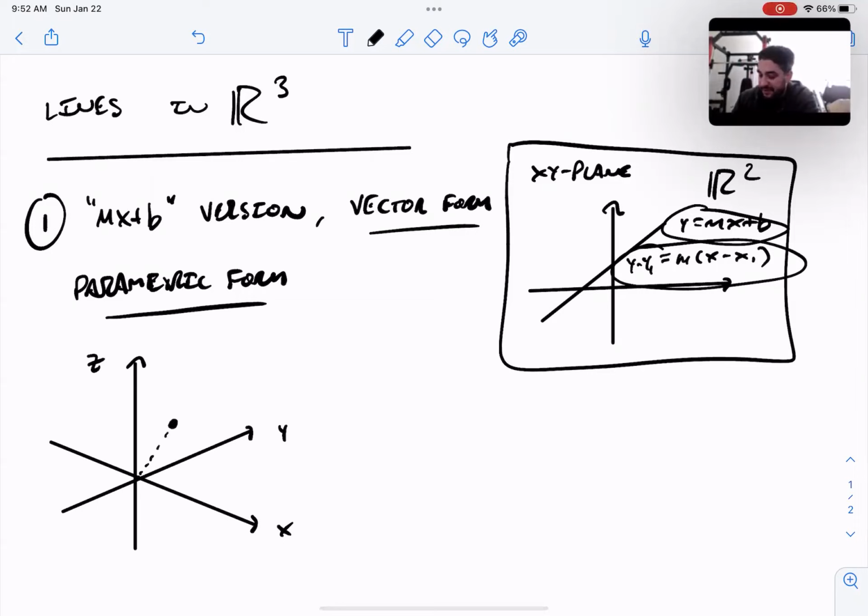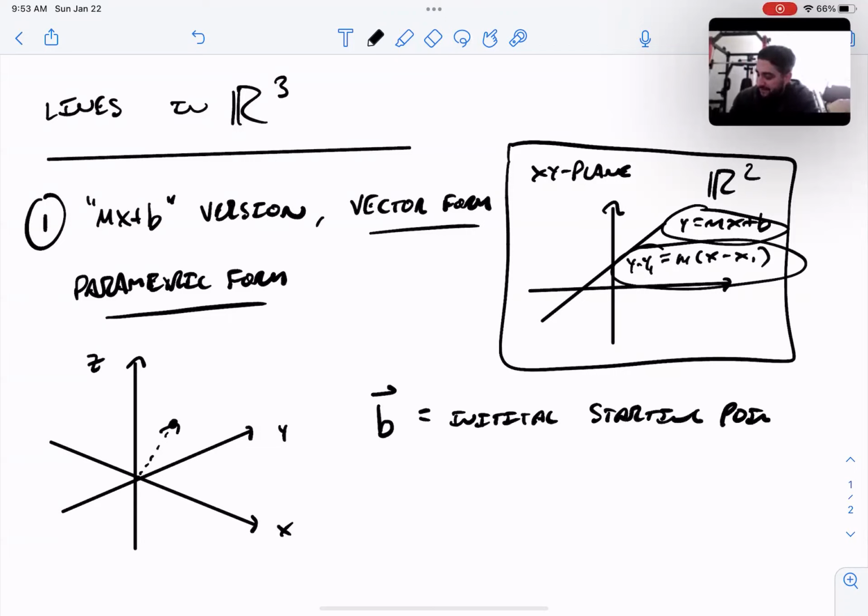Imagine the tip of that vector; that's our initial point. I'm going to call it B, because it reminds me of the y equals mx plus b form. You don't have to call it B, but let's call it B. It's some initial starting point for your line.